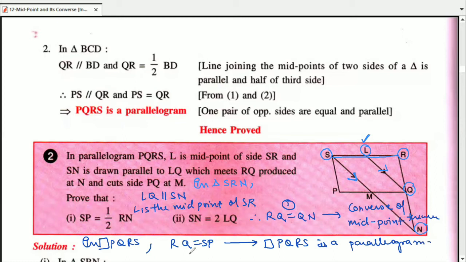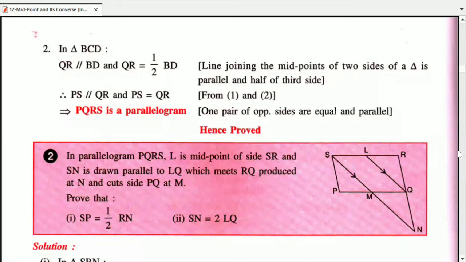Now here we can see that from equation 1 and 2, SP is equal to QN. So QN is nothing but half of RN. So we can prove that SP is equal to half RN. So this way we can prove the first point.